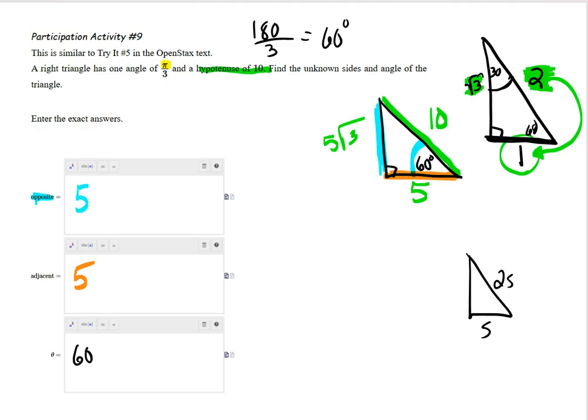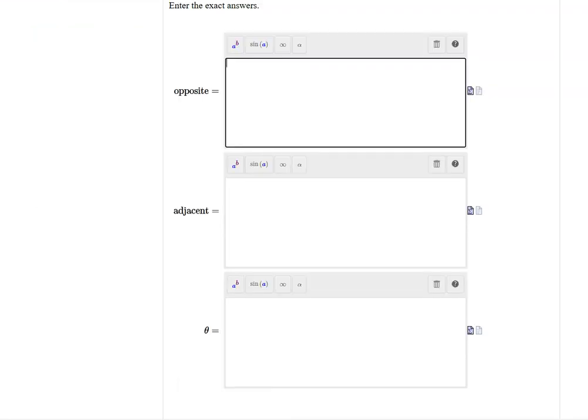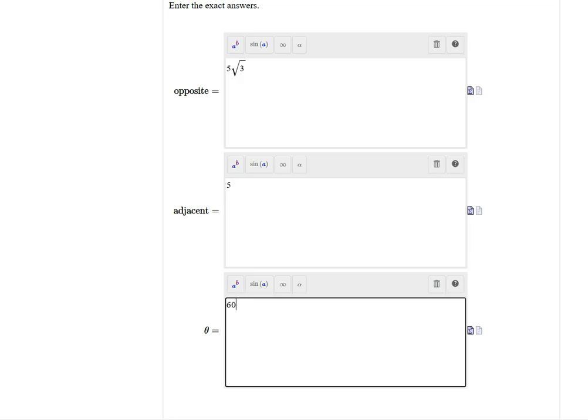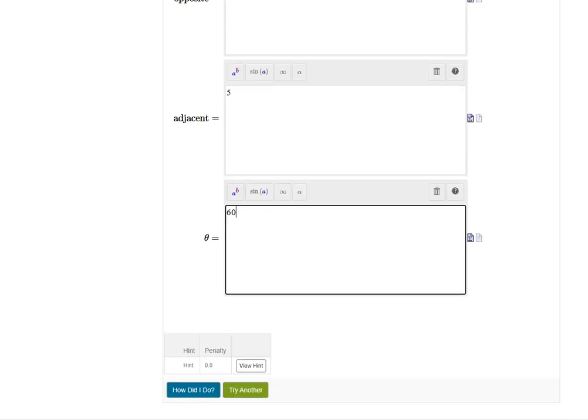So this should be 5 times the square root of 3. So let me go back in here. 5 square root of 3, adjacent is 5, and this is a 60-degree angle. I think that's what they want. Let's see.